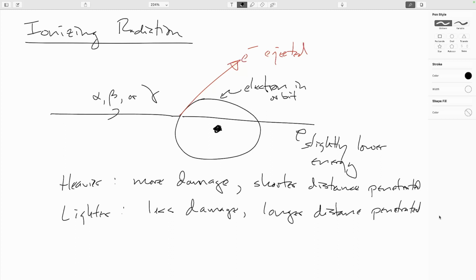You've got plenty of dead skin cells in your body, and they do a pretty decent job of blocking a lot of that radiation. On the other hand, radon is an alpha emitter. We saw that in the decay series.